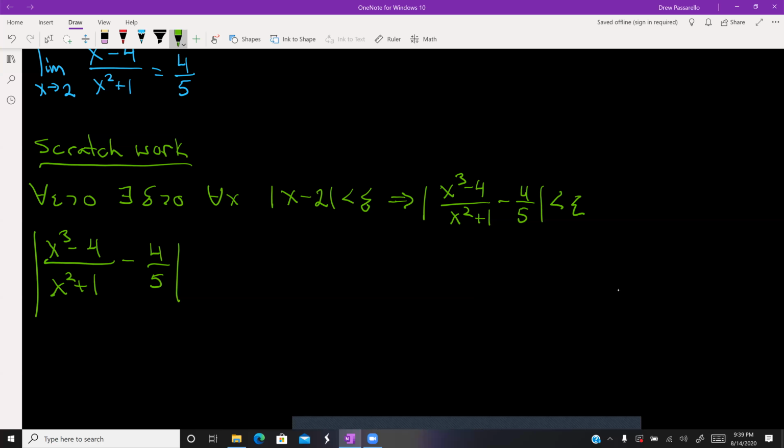All right, so what can we say this equals? Using some algebra, combine it into one fraction, where the denominator is going to be 5x squared plus 5, the common denominator. So we'd multiply x cubed minus 4 by 5, so that becomes 5x cubed minus 20.